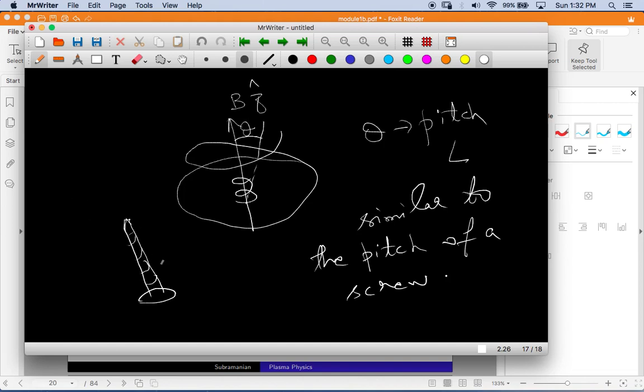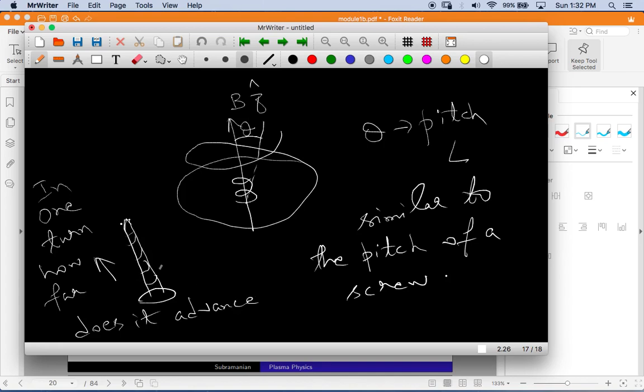So for several engravings on the screw, in one turn, how far does it advance?